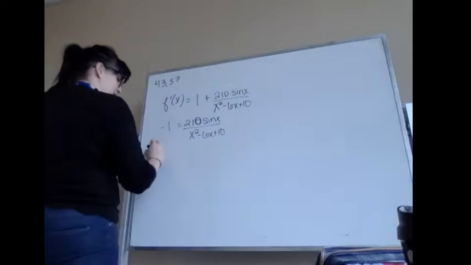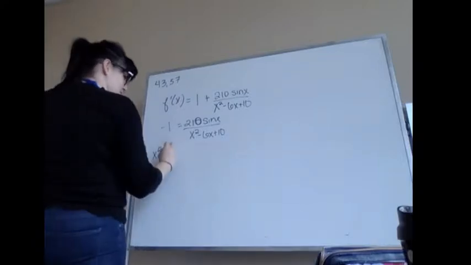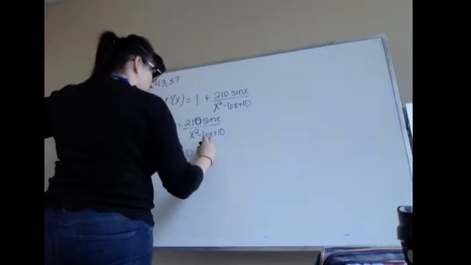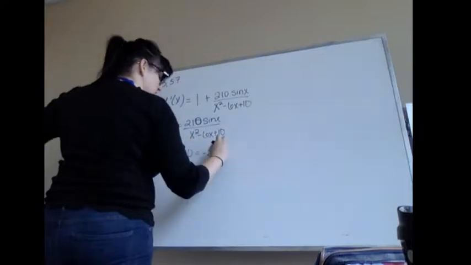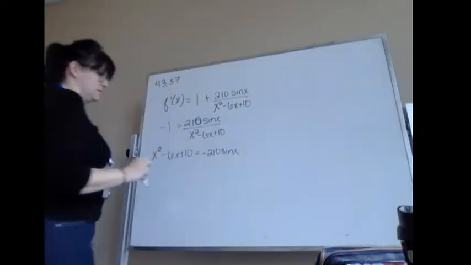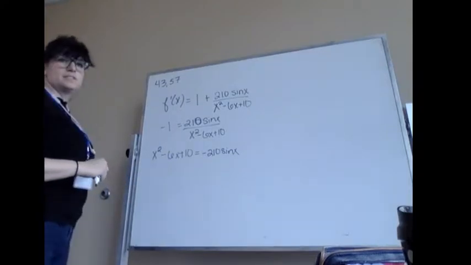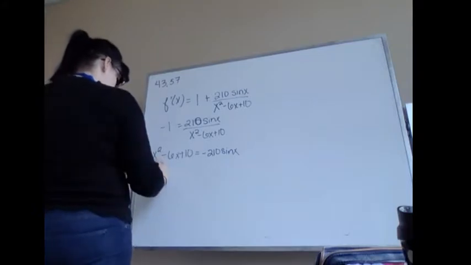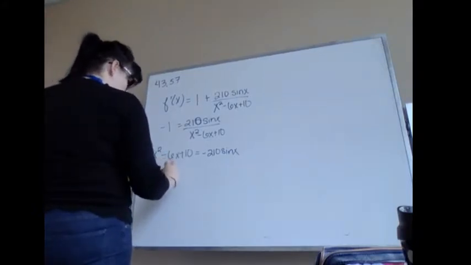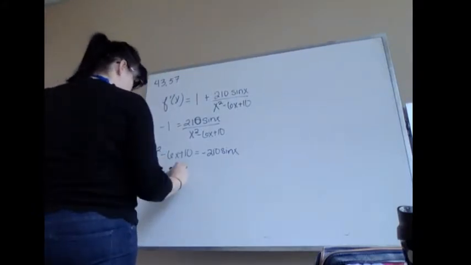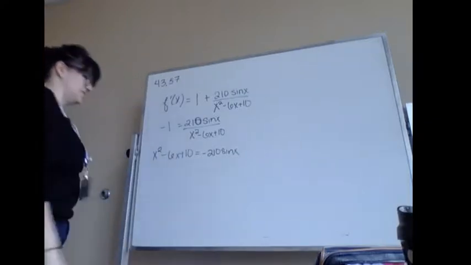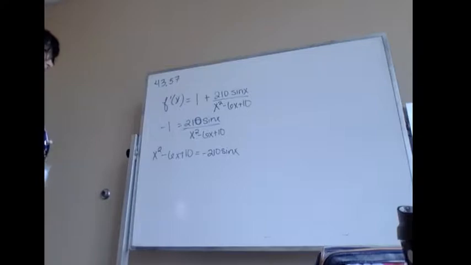So x squared minus 6x plus 10 equals negative 210 sine x. Does that make sense? Okay. Let's see. x minus 5. No, you can't do that. At this point, I think I would just graph them.